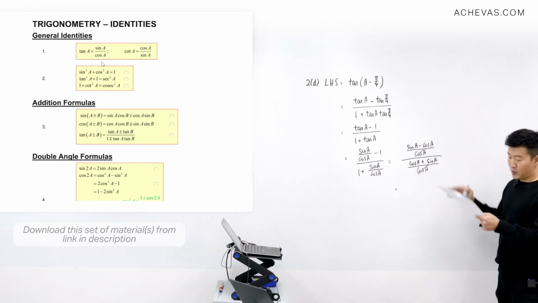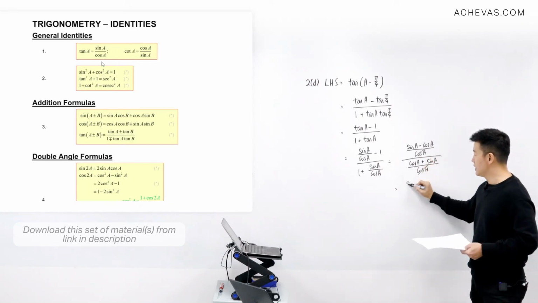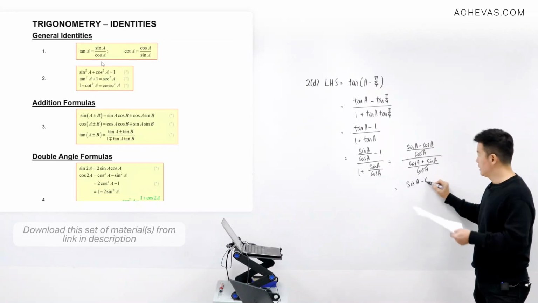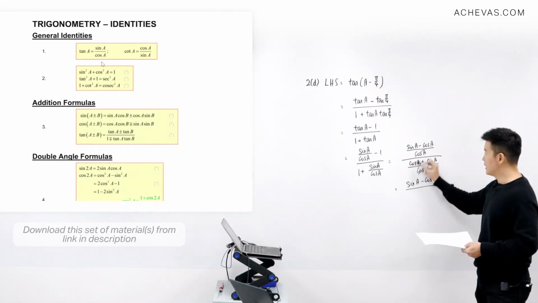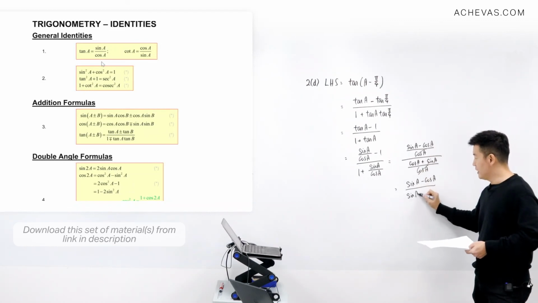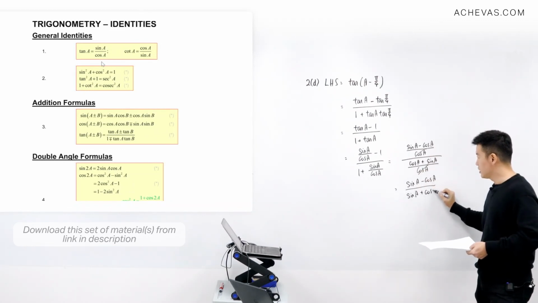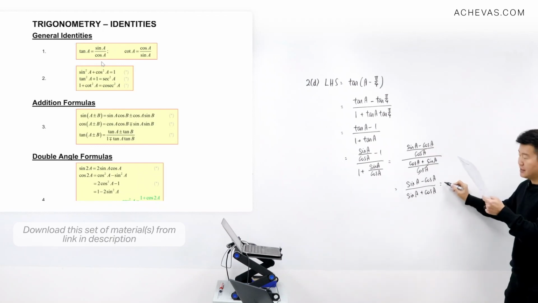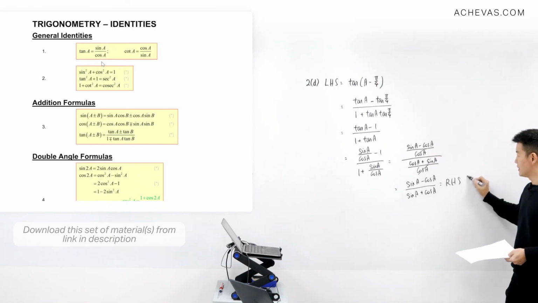What I'm going to be left with is sine A minus cosine A divided by this, which I'm going to write with sine A as the first term, so sine A plus cosine A. And this is the same as the right-hand side.